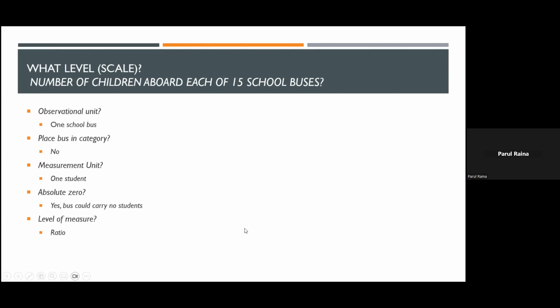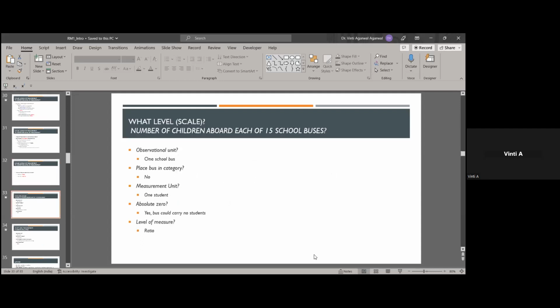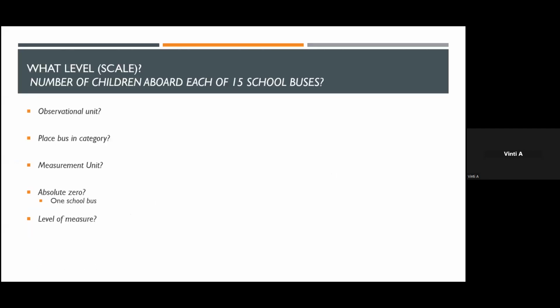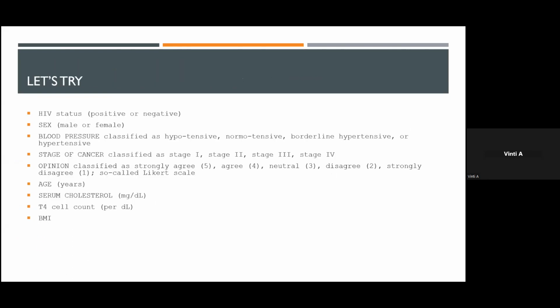Okay, let's try an example. HIV status, positive or negative?